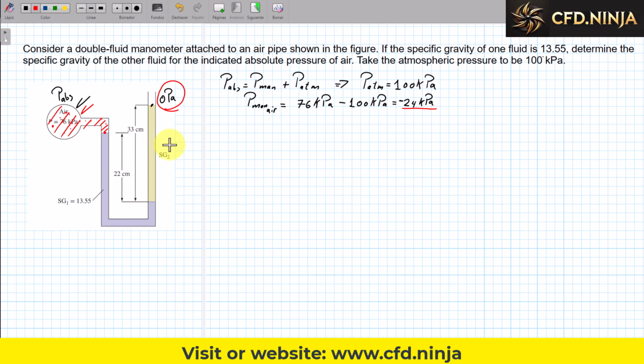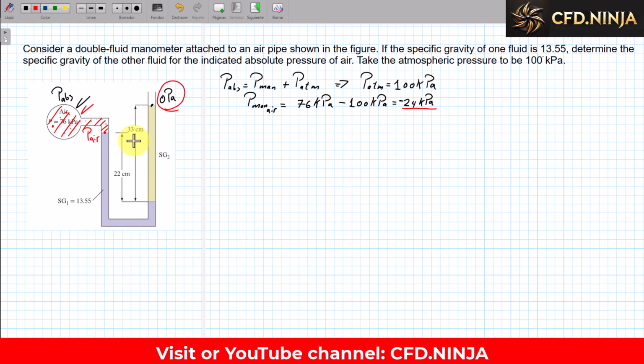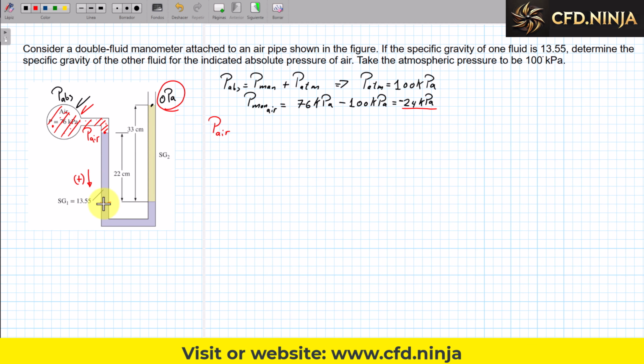Now we are going to set up our equation. The pressure that is here is the same as the air pressure, and we set up the equation in the following way. The air pressure, which is this pressure here, plus, as this is descending, when it descends the pressure increases up to this point. It would be plus the density of what liquid? Of this liquid here, which in this case is mercury.